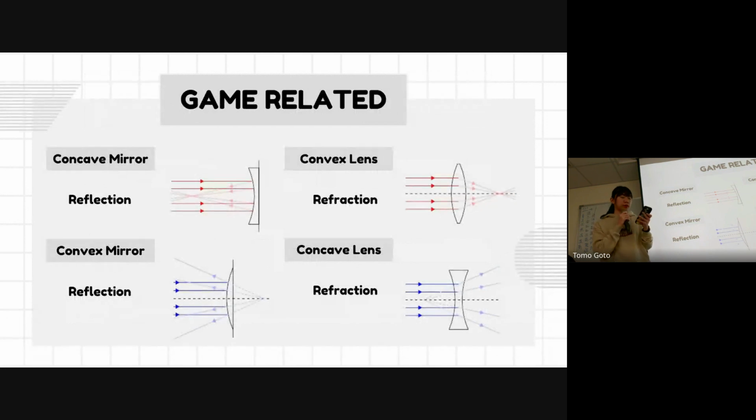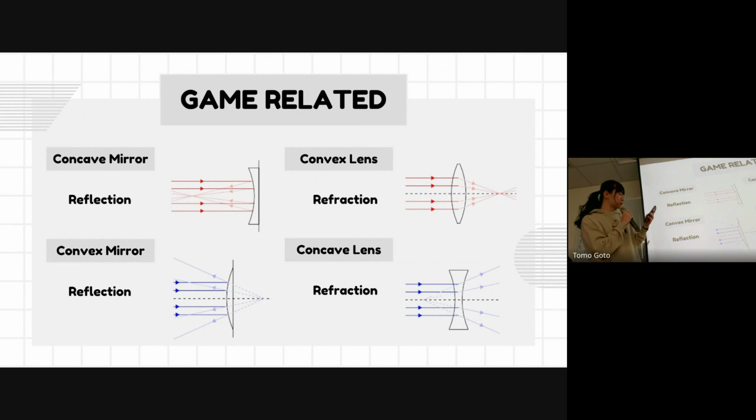So in our game, players can change the direction of light passage by altering lenses. There are these four lenses in the game. The first one, the concave mirror, uses the reflection principle.